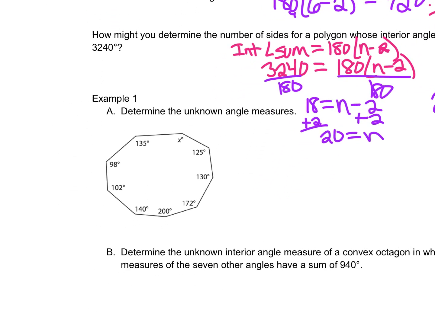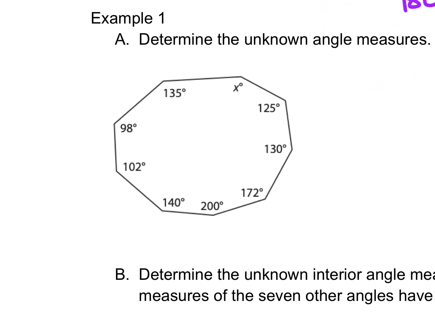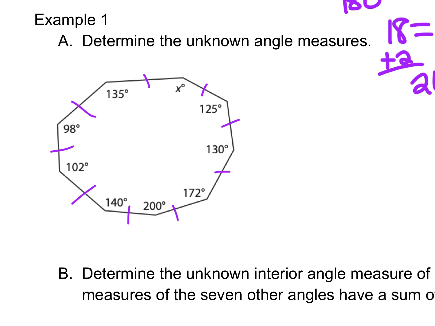All right, so determine the unknown angle measures. Well, let's see how many sides there are. 1, 2, 3, 4, 5, 6, 7, 8, 9 sides. All right, so there's 9 sides. So 180 times 9 minus 2 gives me 180 times 7. And 180 times 7 is 1260, right?